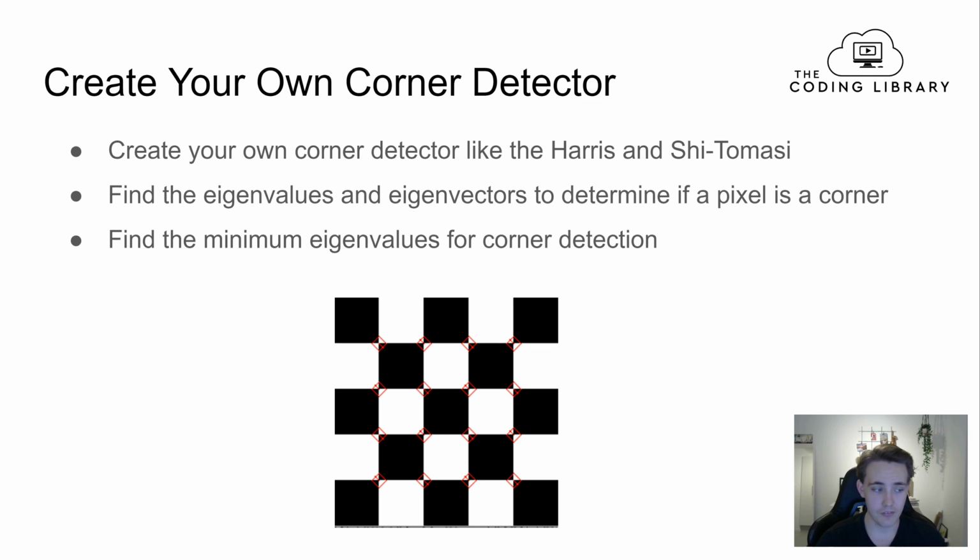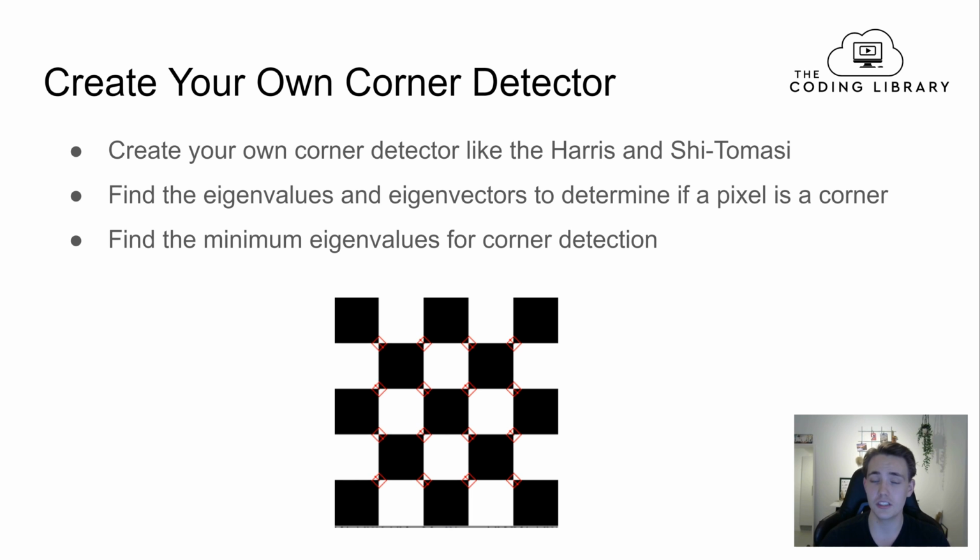Then we can have a bit more freedom with some of the parameters in the algorithm to make a specific corner detector for our application, and then tune the parameters for our application. So if you have some specific application that you want to do this corner detection on, it will probably be a bit better to create your own and take the same approach as Harris and Shi-Tomasi, just to get a bit more freedom. But if the built-in ones up here work fine, just go use those. They're debugged a lot, and they're also really good, and you can tune the parameters and see if you can fit those to your application.